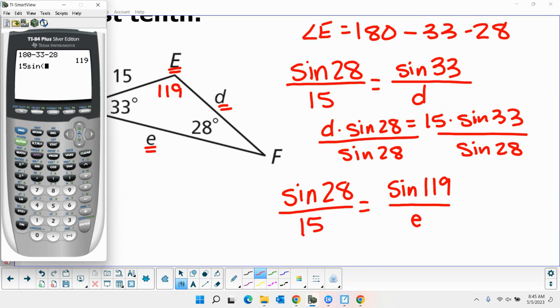When you hit the sine button, it gives you that left parenthesis. So when I put 33, make sure you close it off, okay? And then divide by sine of 28, and then close it off, all right? Once you close it off, you're fine. And that's going to give us our answer then, 17.4.